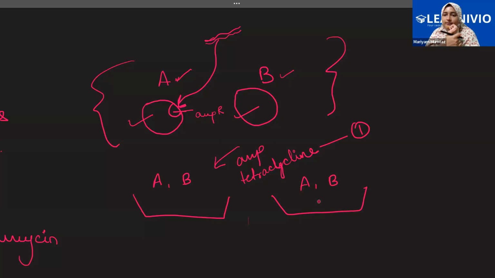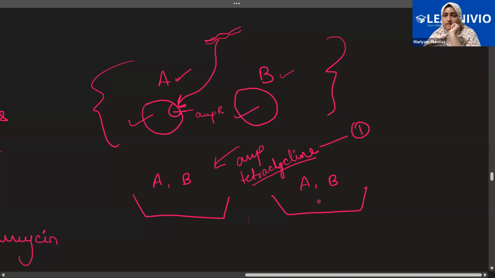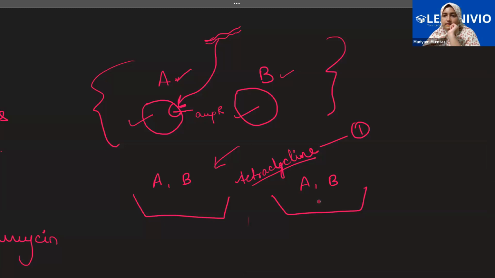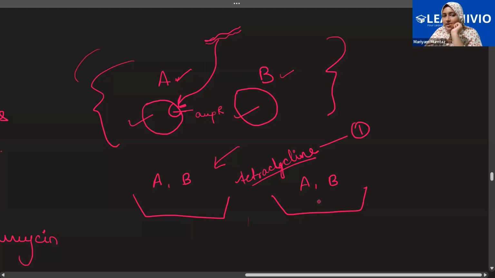Yes, no. अच्छा, यस क्यों, नो क्यों, बताओ, वाई यस? Yes, because the ampicillin. I have just put this one for now. अभी forget ampicillin. I have just put tetracycline for now. What is your question? My question is, I took both the bacteria after this whole entire procedure.